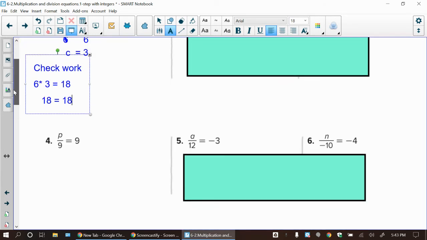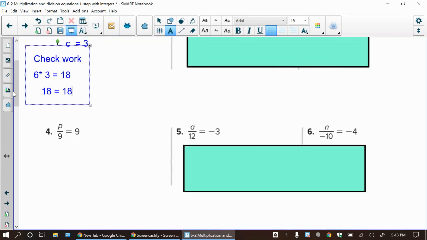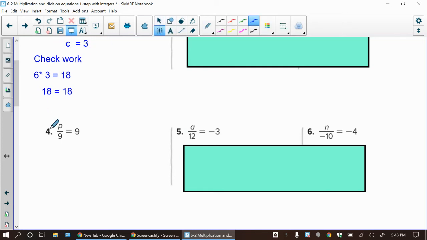Okay. Let's look at problem 4. Now, sometimes they don't give you as much space to write what you're multiplying by. So if you need to, you can rewrite the problem. But if it's a small enough number, you can squeeze it in over here.